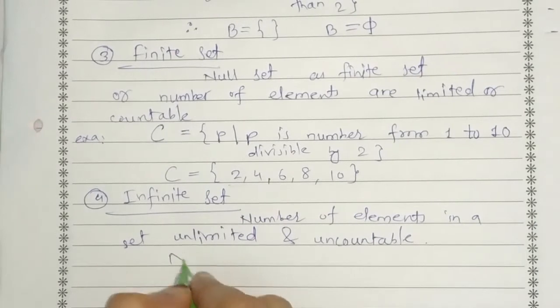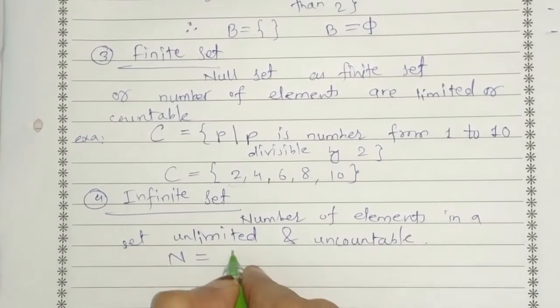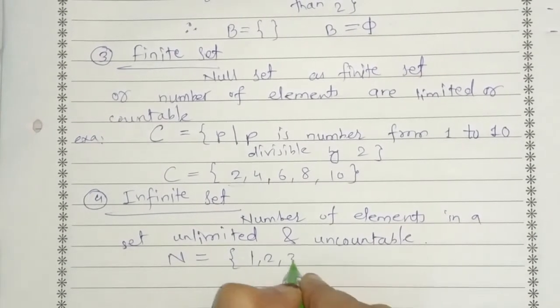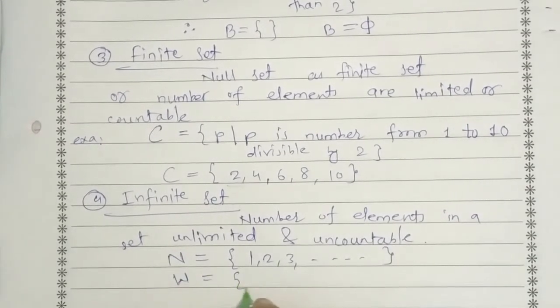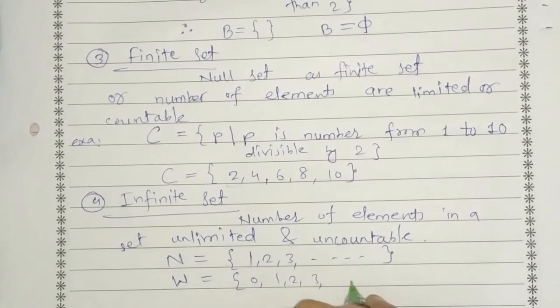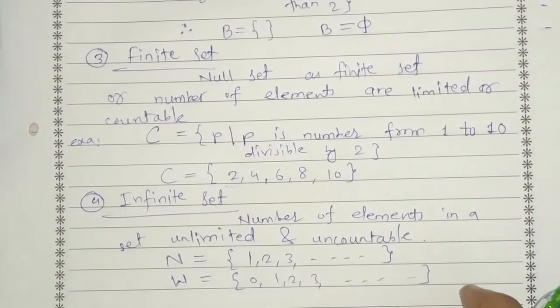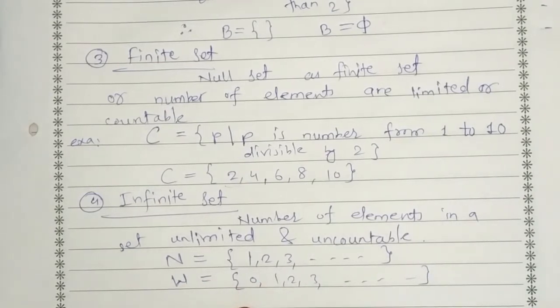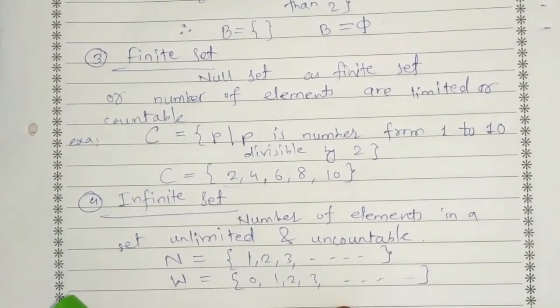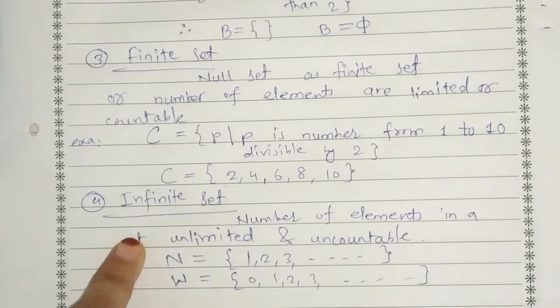For example, we have the set of natural numbers 1, 2, 3 and so on. We have a set of whole numbers. So these all are infinite sets. If the number of elements in a set is unlimited and uncountable, you call it an infinite set.